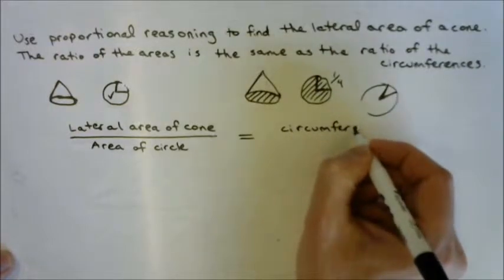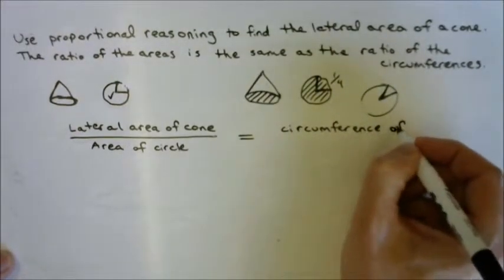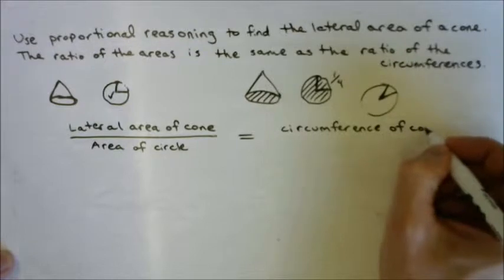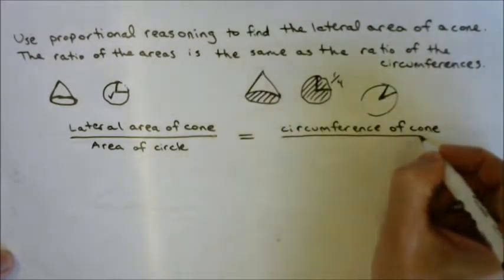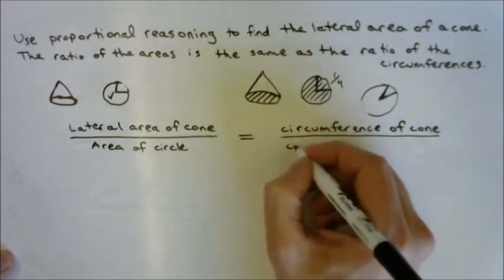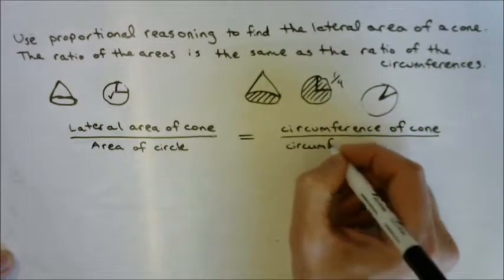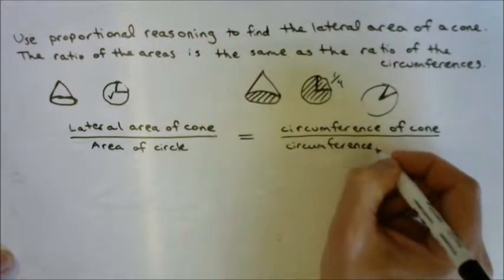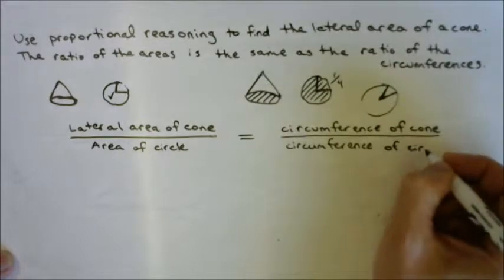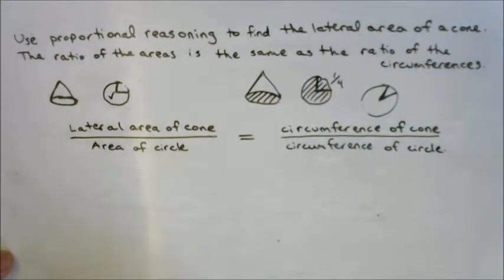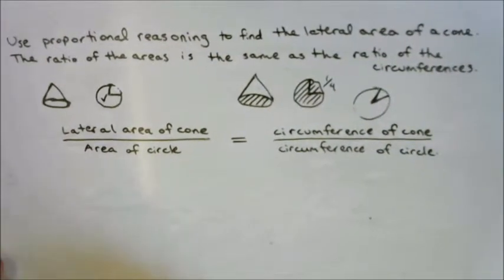Circumference of cone over the circumference of circle. Now this is exactly what we already described, but it's just written as a proportion.